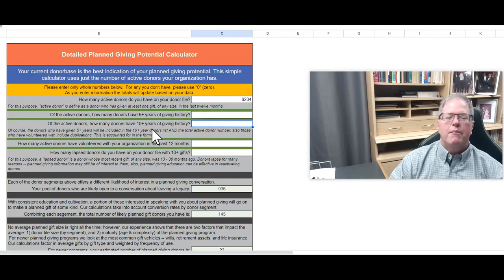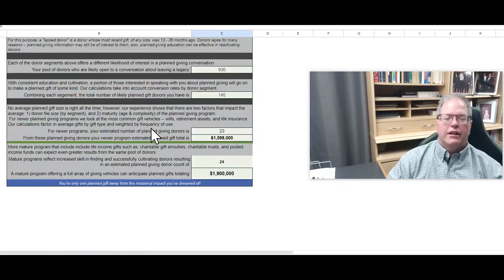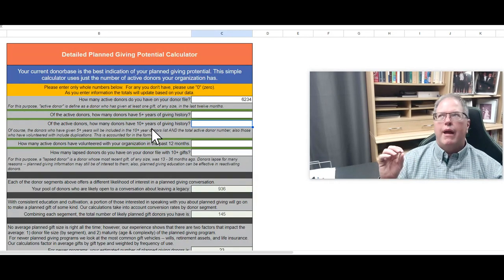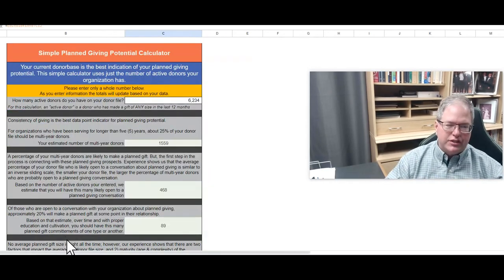When you don't have them, it's saying, okay, this isn't a very mature file. If you don't have the information, then it's not expecting a whole lot out of your file. So if you don't know it, use the simple calculator.